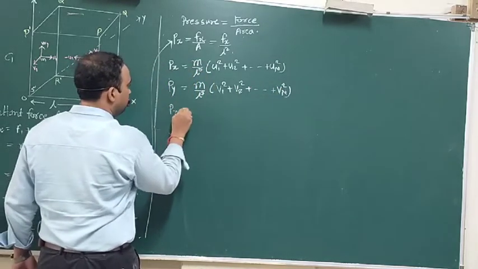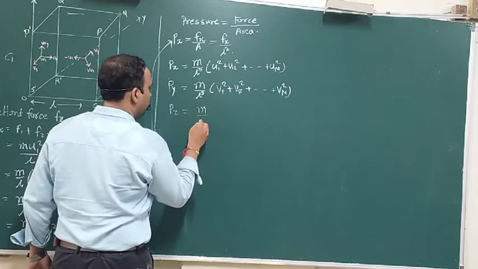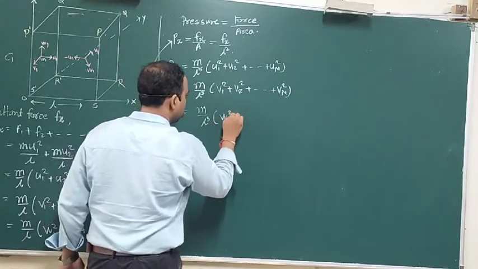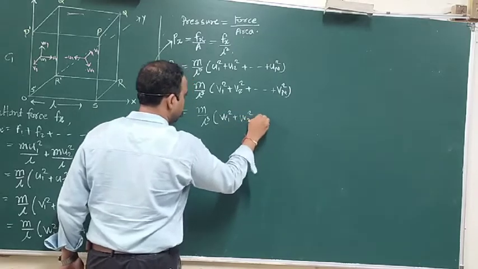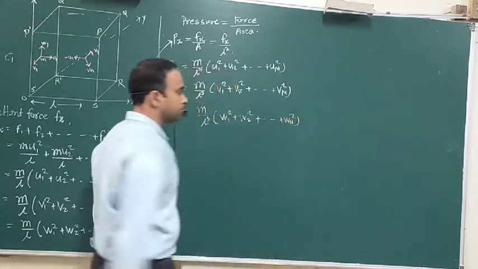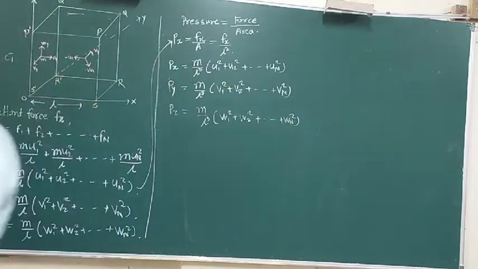Similarly, Pz is equal to m upon L cube into w1 square plus w2 square plus and so on wn square. This is the pressure along the z-axis.